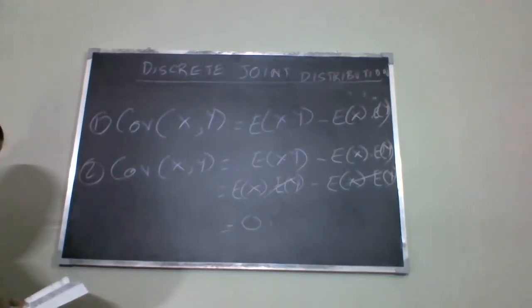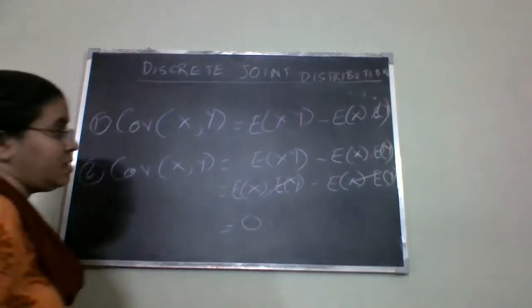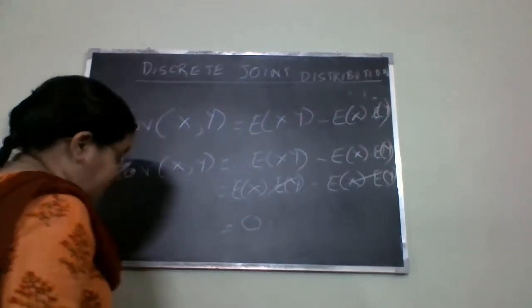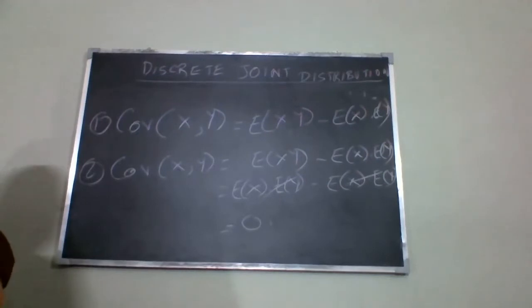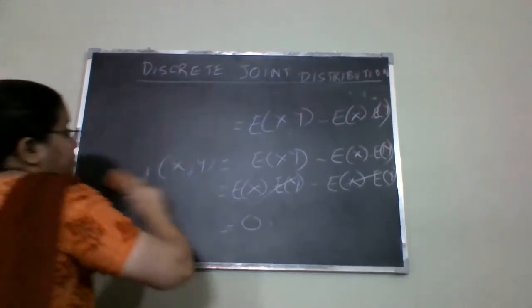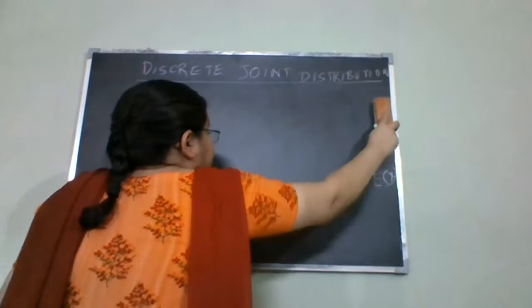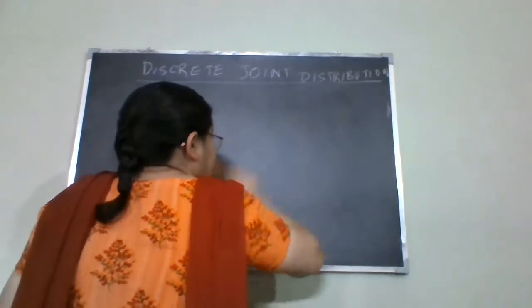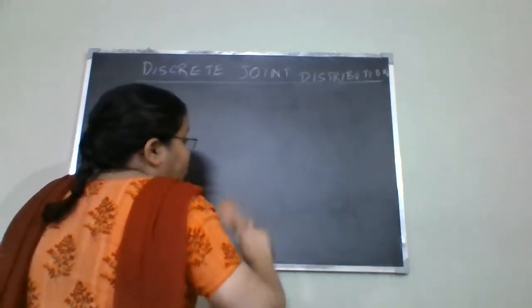Next, we will go to the correlation coefficient between two variables. Next topic, page number 143: correlation coefficient between two random variables.